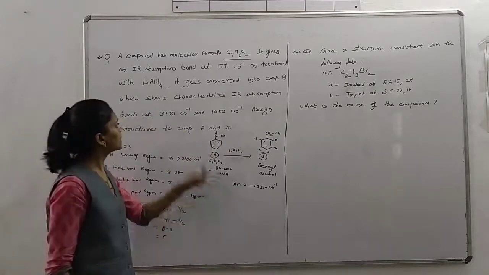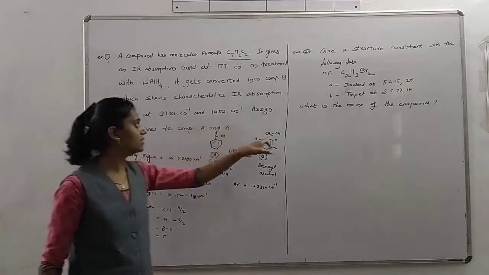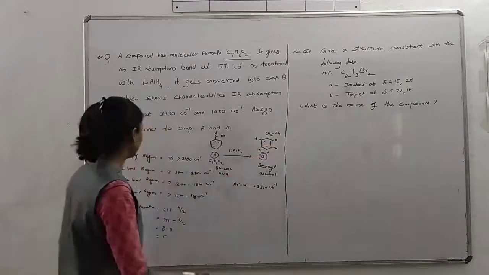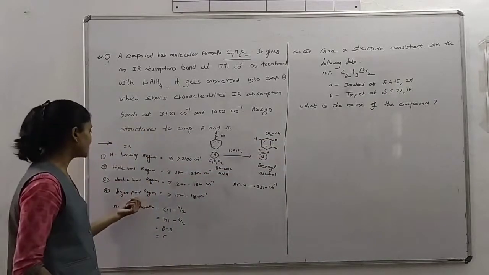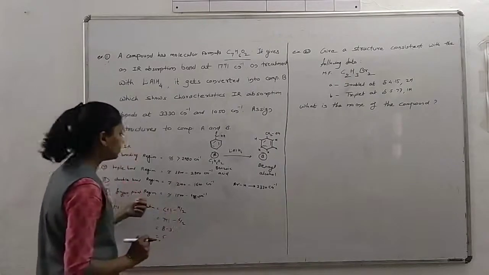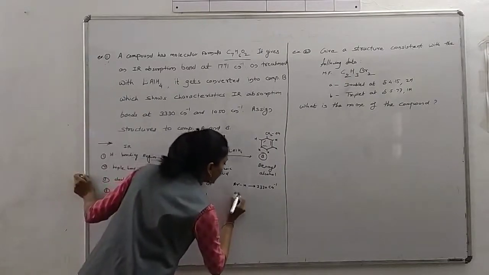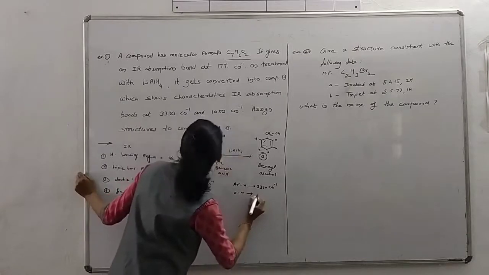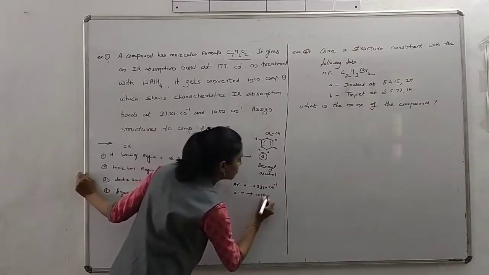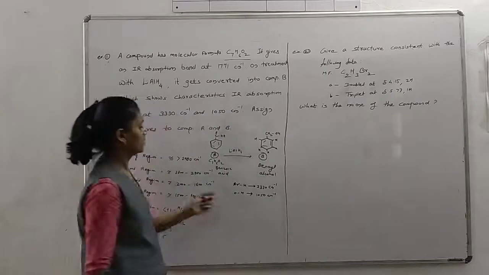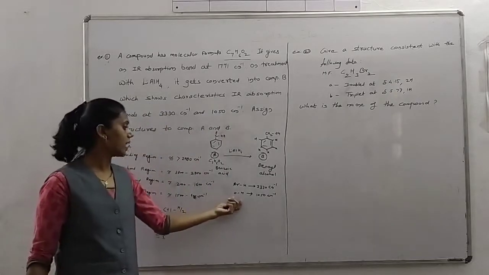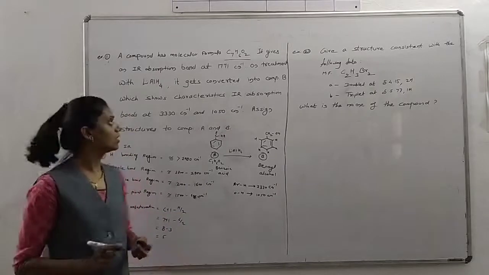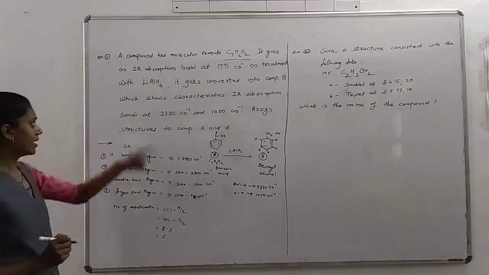And the next one is 1050, which is the OH stretching frequency. This band is absorbed in the fingerprint region, so I write here OH stretching at 1050. I think you understand the problem.